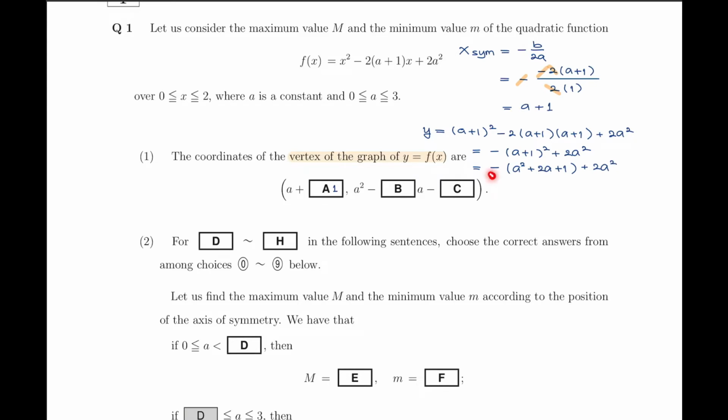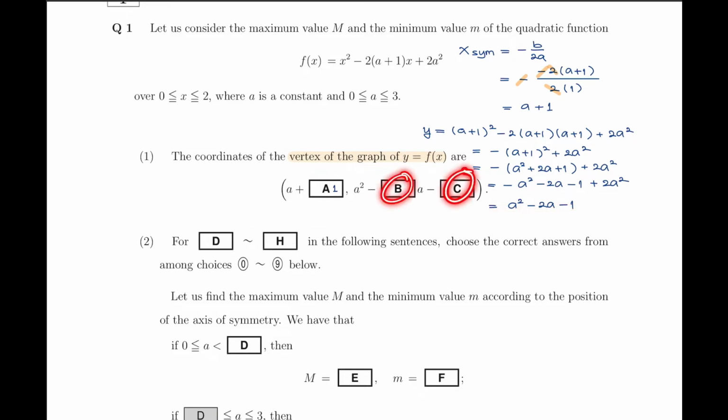If we distribute the negative sign into the brackets, I will get negative a squared minus 2a minus 1 plus 2a squared. And therefore, if we simplify this expression, I will get a squared minus 2a minus 1. This is the y coordinate of the vertex.